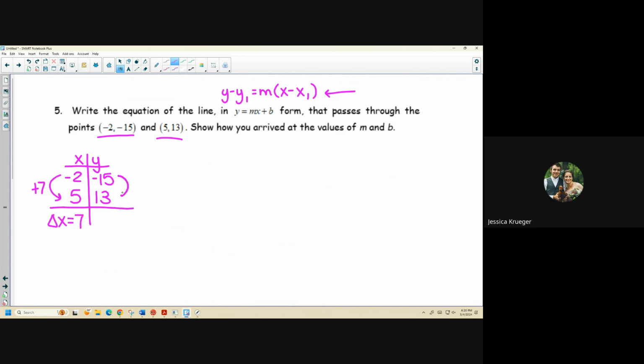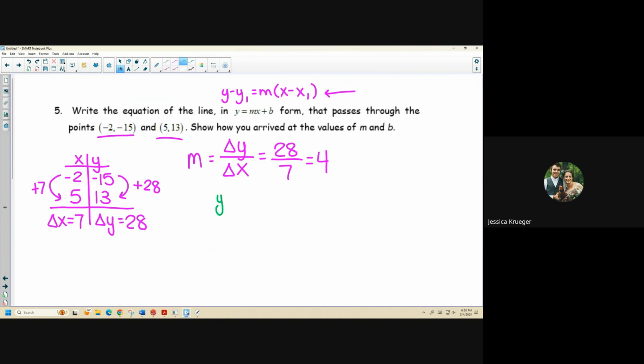To go from -15 to 13, I have to add 28. So my change in y is 28. My slope is change in y over change in x. 28 over 7, which is 4. So now I know my m value.